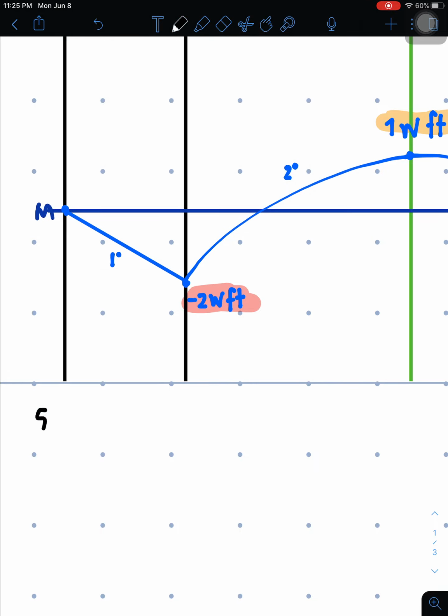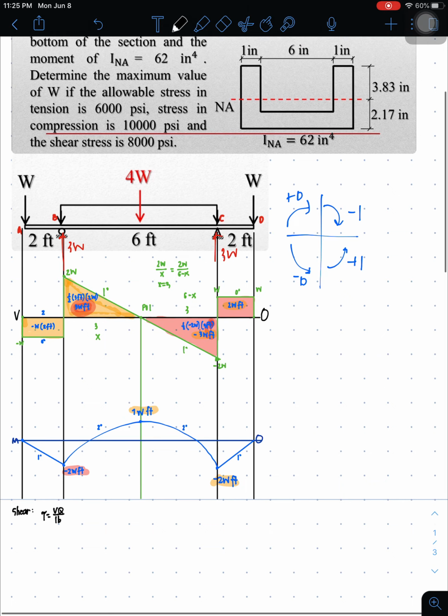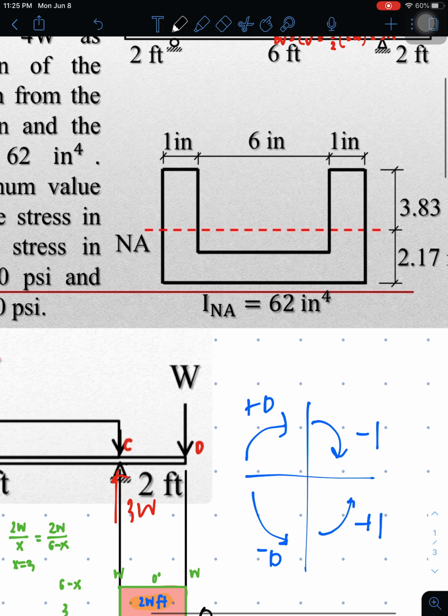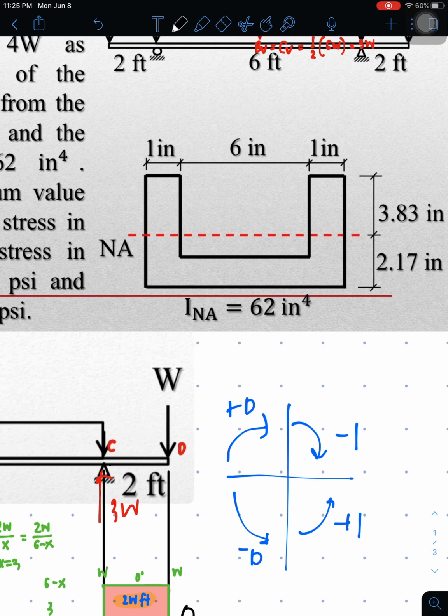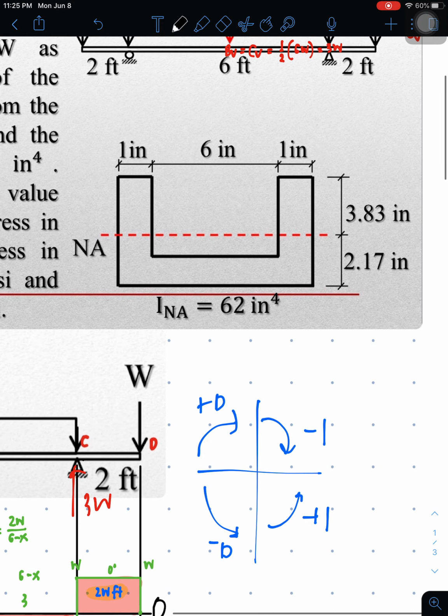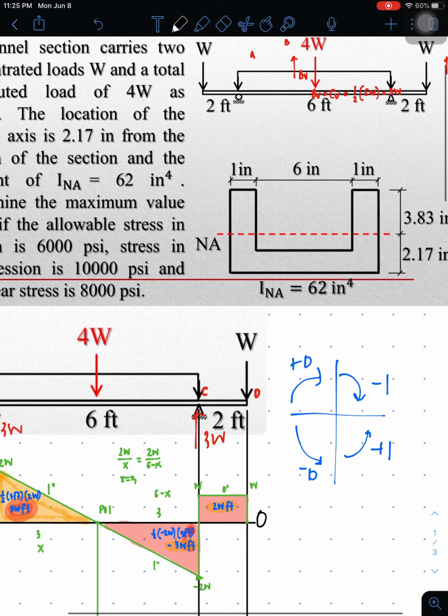Starting with shear. So remember that shear is VQ over IB, right? And then this is our section.